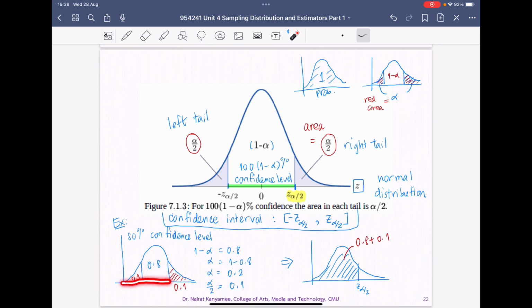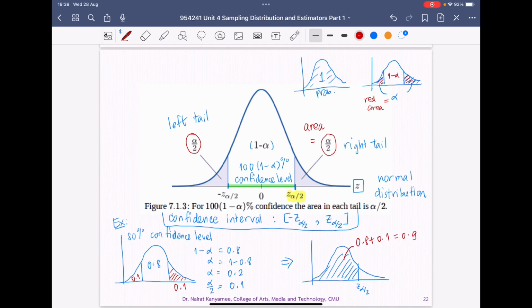So we're looking for the area starting from the leftmost until here. It's going to be 0.8 plus 0.1, which is 0.9. Looking for that value that gives the area of 0.9.